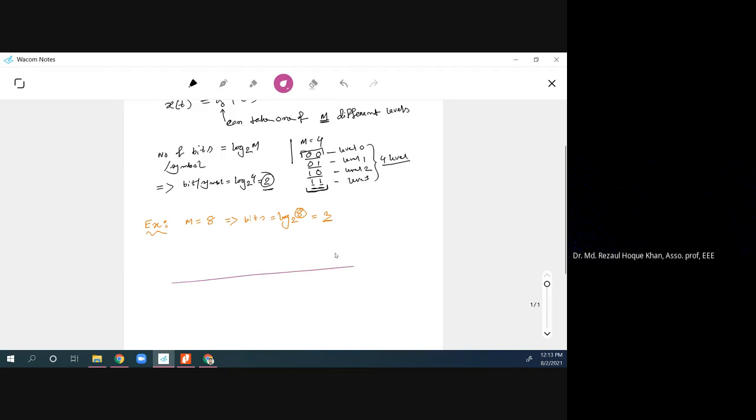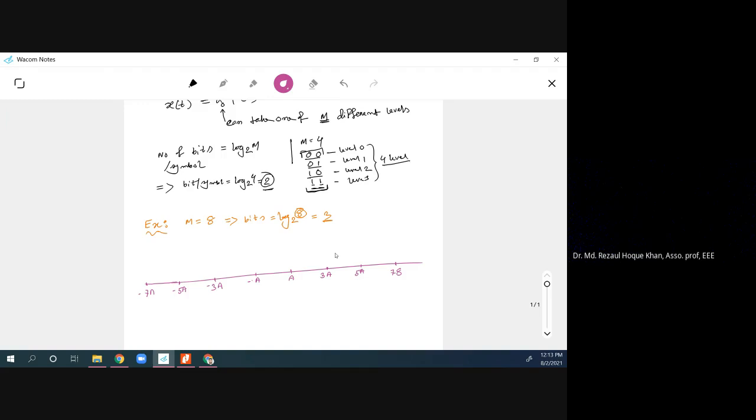For example, if this is A, then this will be 3A, this is 5A, 7A. Same thing, minus A, minus 3A, minus 5A, minus 7A.